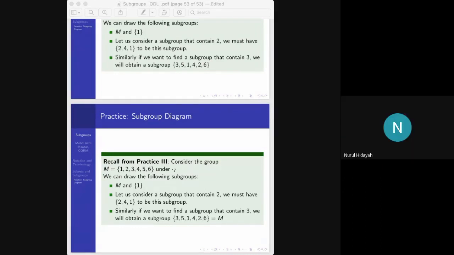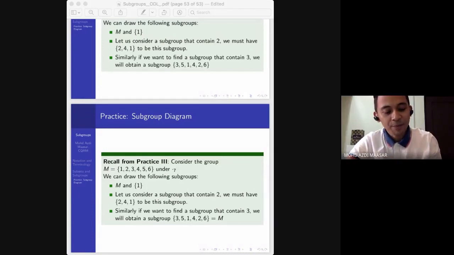Ini sambungan daripada soalan kawan saya tadi. Kalau nak buat subgroup diagram, saya kena pilih yang takkan sama. Kalau yang saya jumpa yang sama, kalau tak tulis pun tak apa, nak tulis equal tu dekat sebelah pun boleh, tapi biasanya dia tak tulis lah.